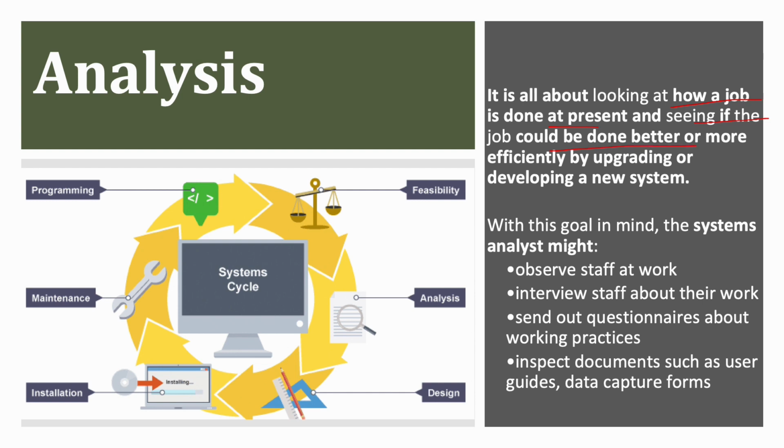Or can we do it even better or more efficiently by upgrading it? If there is no need to upgrade, then why should we upgrade? If it's probably going to be too costly for no performance benefit at all, why do it? So there must be some form of benefit if you are thinking of changing it, right? So with this goal in mind, how do you go about the analysis?